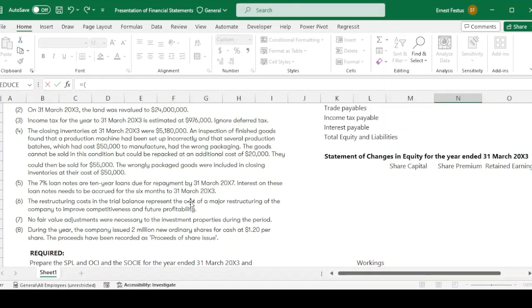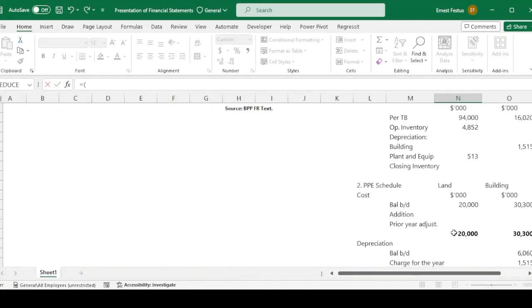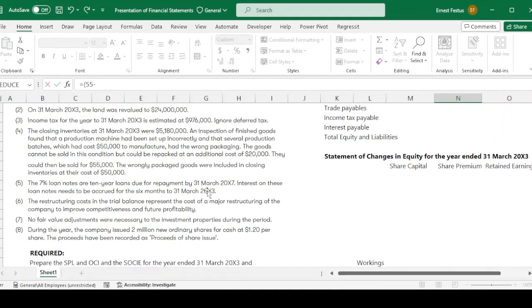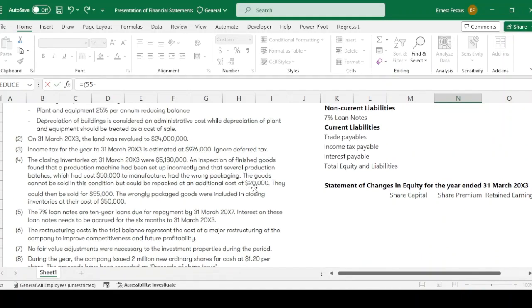So we have the repackaged item inventory being sold possibly at $55,000. So I'm going to have my selling price there, 55,000, and this is the cost.